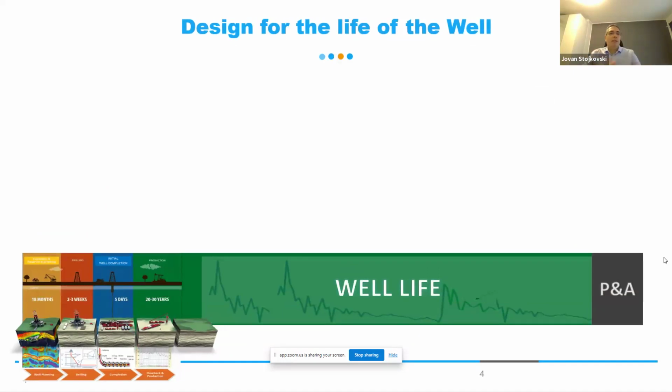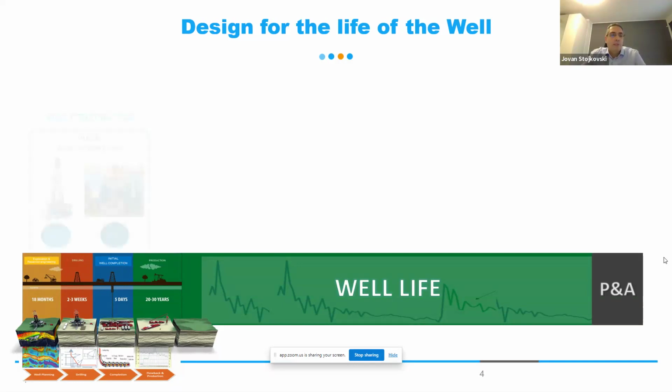Everybody looks at drilling as the most exciting process, but as you can see in the whole well life cycle, drilling is a really short period, and so is the initial completion, where we need to complete the well and answer all requirements needed for the whole well life, before we come to the plug and abandon.